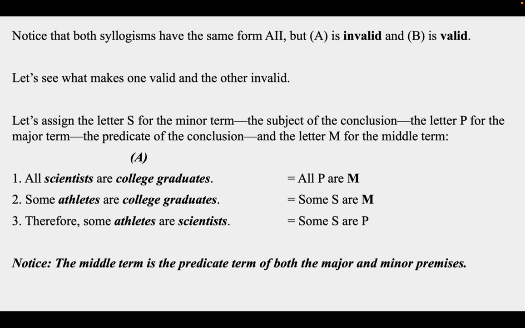So you might have noticed that syllogism A is invalid and syllogism B is valid. What makes it valid and invalid? After all, they have the same mood. Well, clearly the mood is not sufficient to determine the validity of a syllogism.